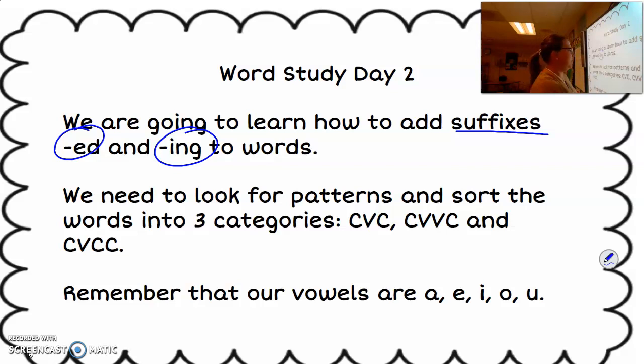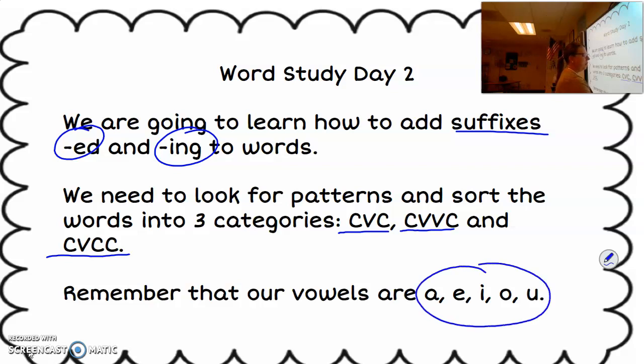The patterns are CVC, CVVC, and CVCC. What does the C stand for? It stands for consonant, and the V stands for a vowel. There are only 5, sometimes 6 vowels: A, E, I, O, U, and sometimes Y. So it's easier to memorize the vowels, and then all the other letters are consonants, right?